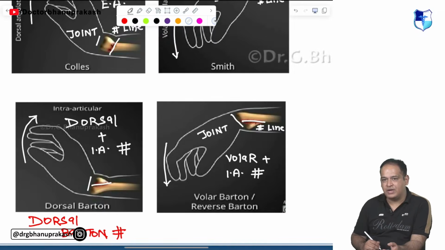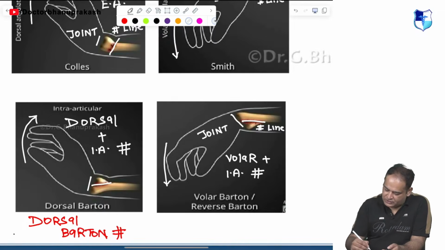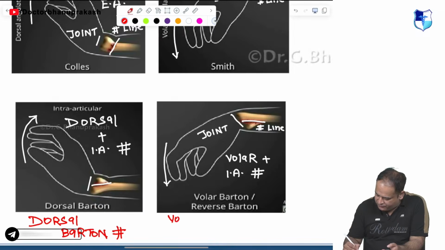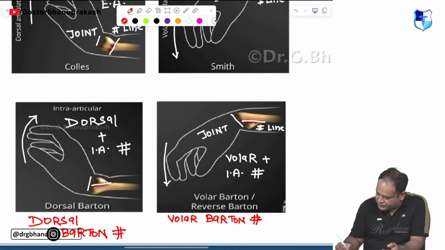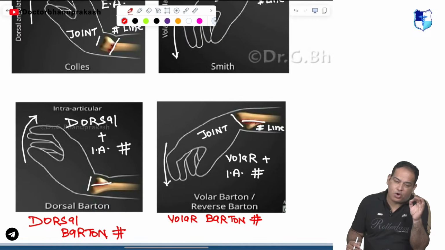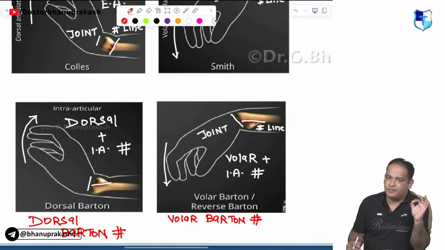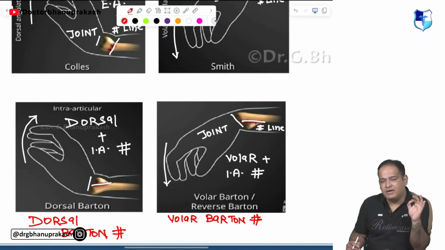Intra-articular fracture. So this kind of fracture is called volar Barton fracture. So Smith-Colles is extra-articular, Barton is intra-articular, right?